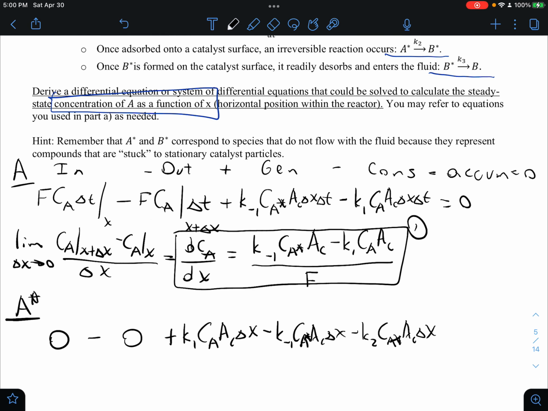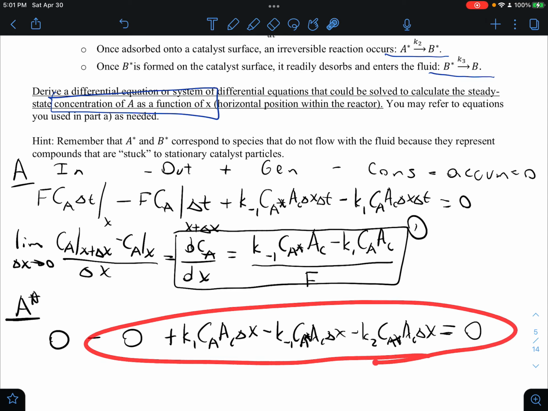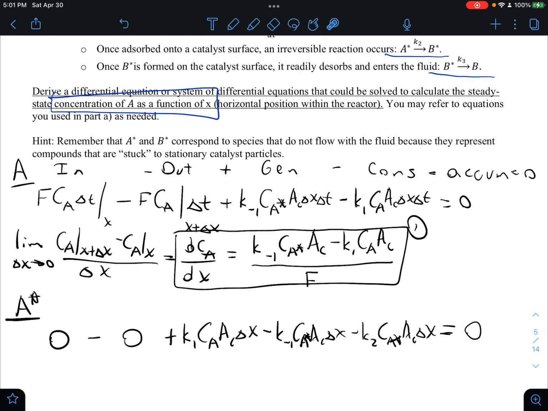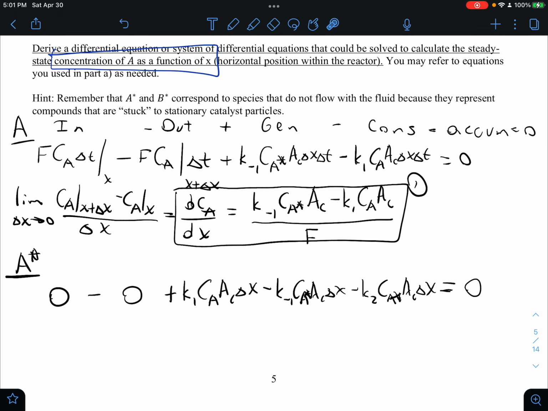Okay, so you don't have to balance B star. And this is actually going to equal 0. So this may make you a little uncomfortable, but this is a totally valid equation. It is not something that I can turn into a differential equation, but it's still an equation.